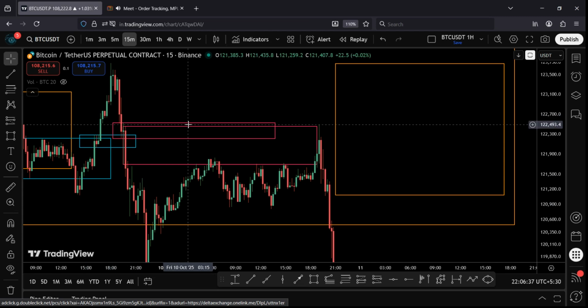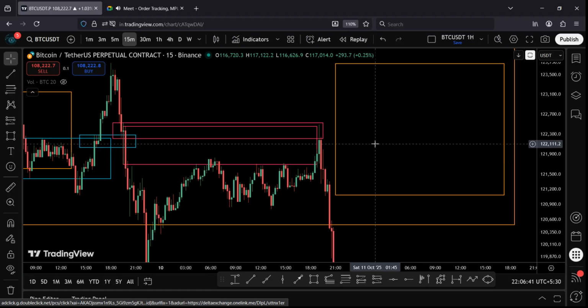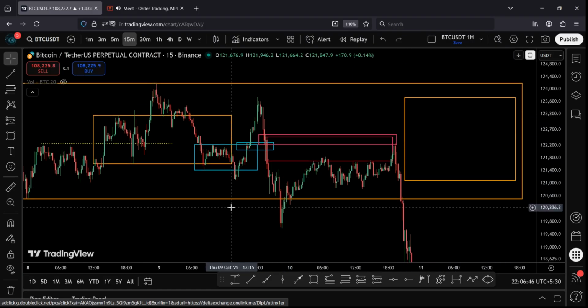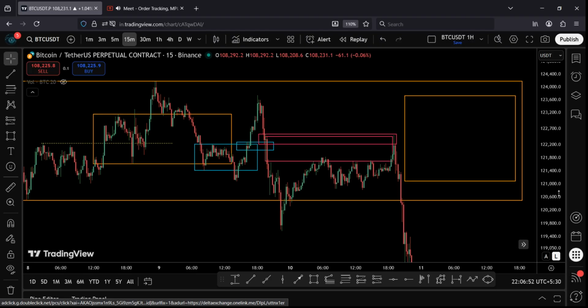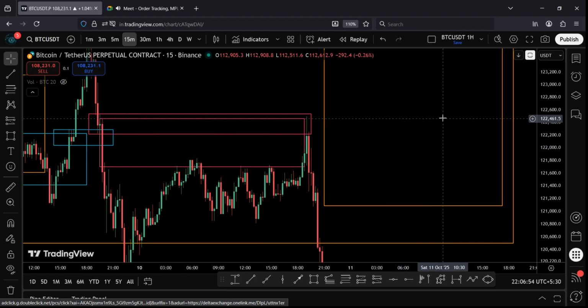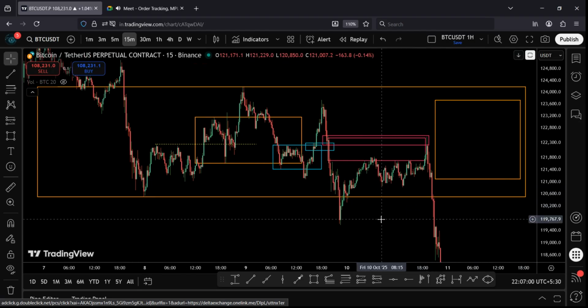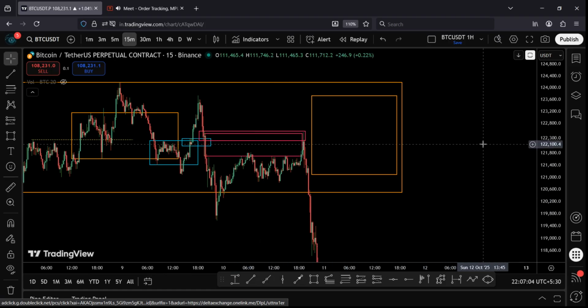So if we are trading with this one, what will happen? If we use order tracking to narrow down our zone, what will happen?